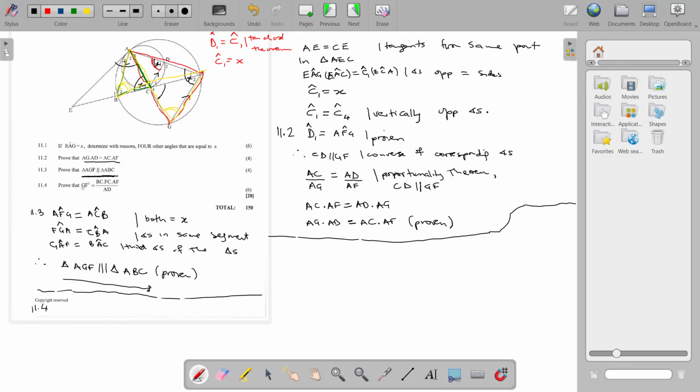You are required to prove that GF squared is equal to BC times FC times AF, all over AD. Now, how are we going to do it? Since we have proven part 3, we can use that ratio. Let us write the ratio in full.